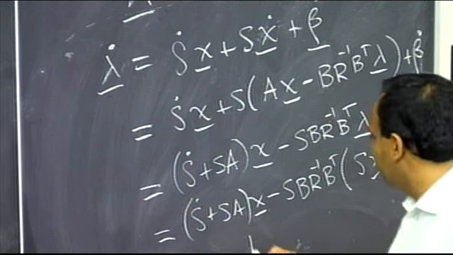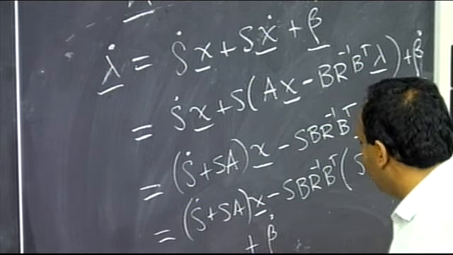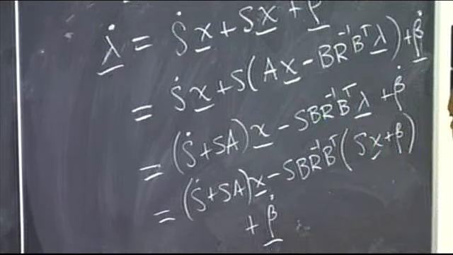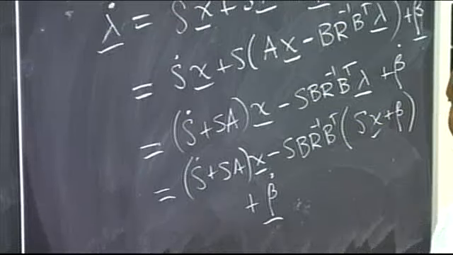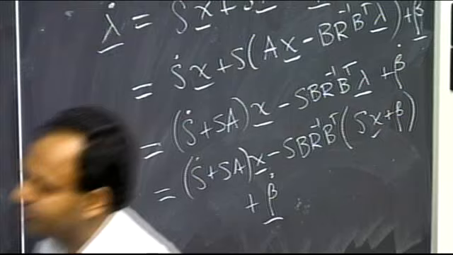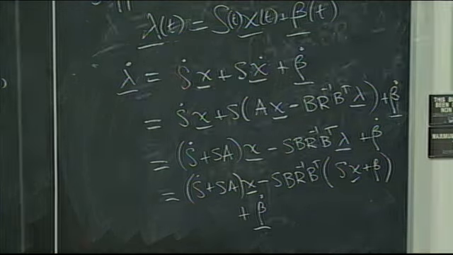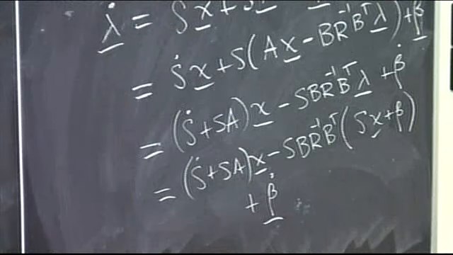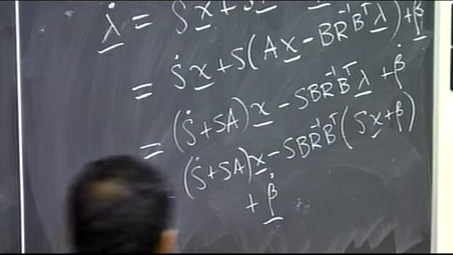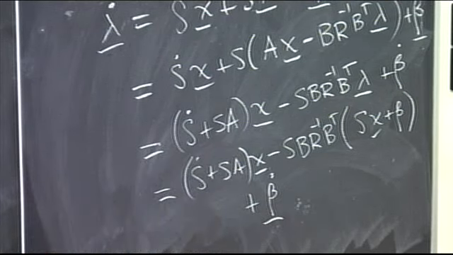And then I get plus beta dot. Is that okay with everybody? So let's keep going with this. I can erase these now. So I've got lambda dot is equal to, I'm going to put it over here because I don't want to keep looking over there.